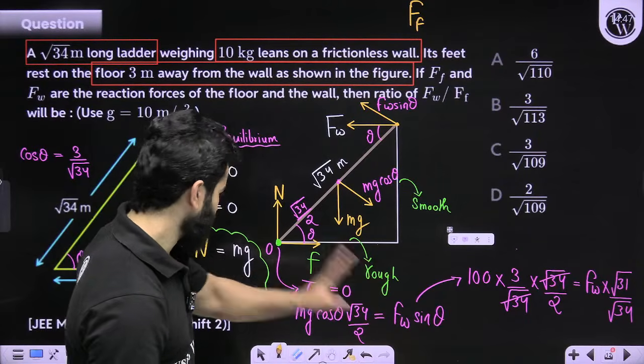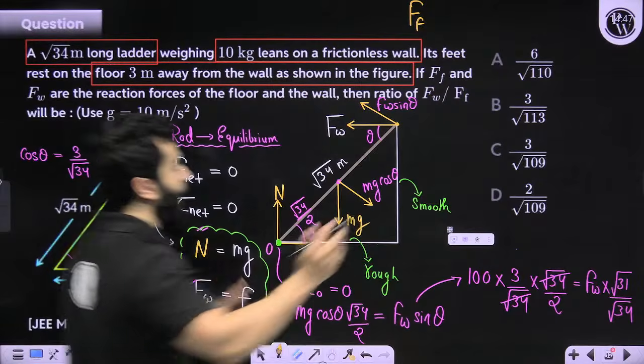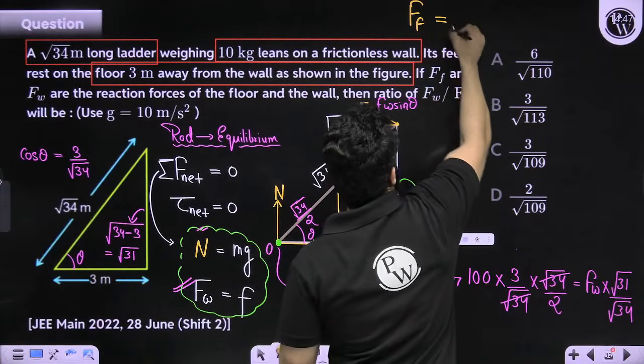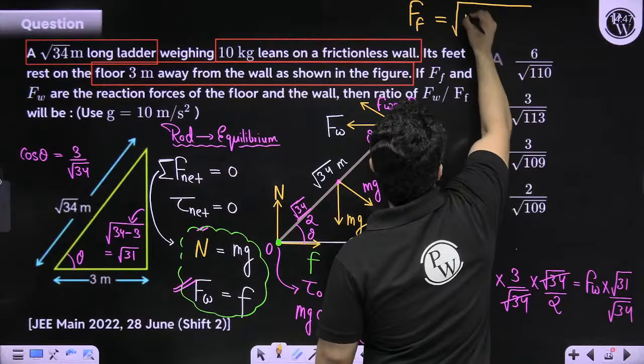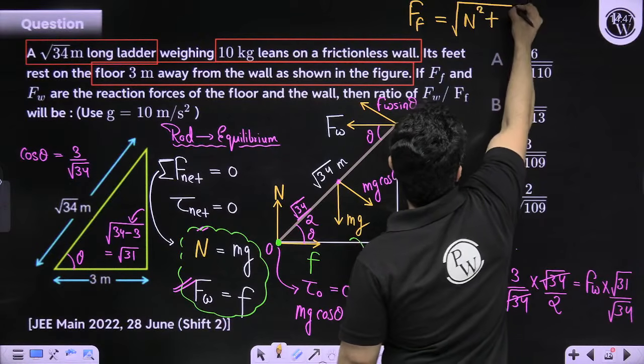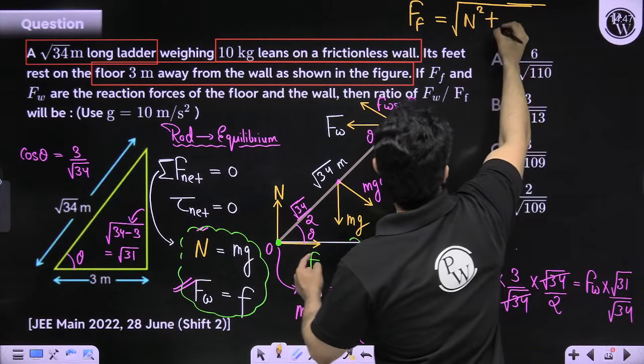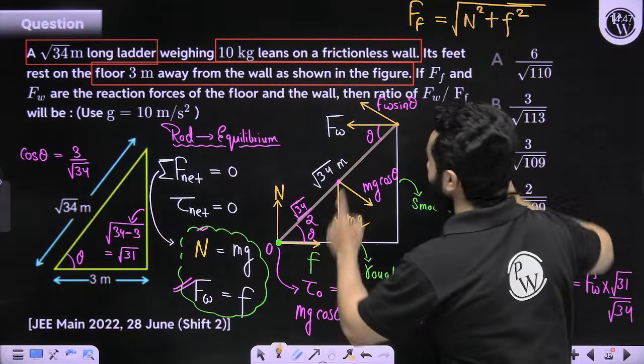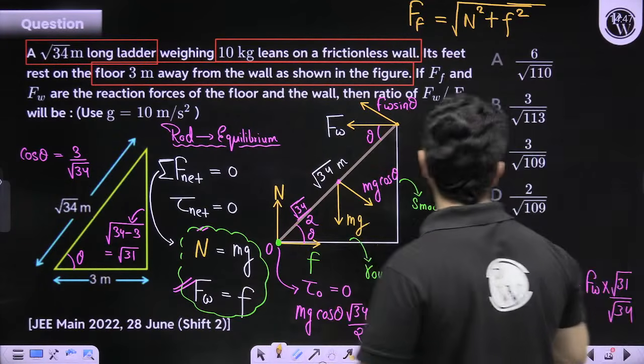Hopefully everywhere else is all sorted, right? And FF will be actually under root of normal reaction square plus F square. So the ratio will be, my dear friends, Fw divided by FF.